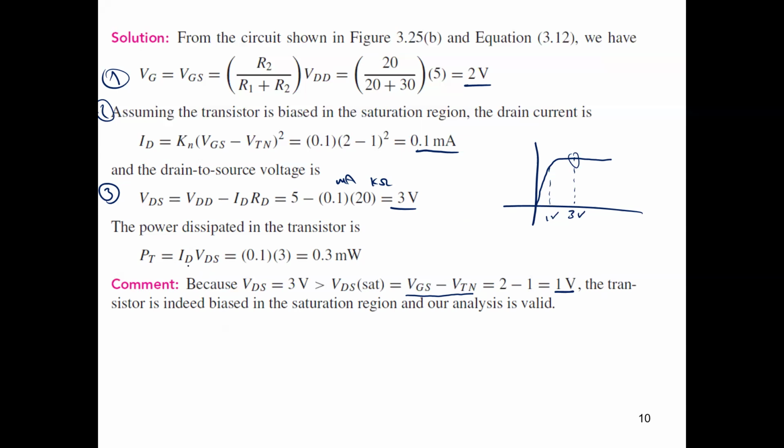Now we have the ID and we have VDS. So ID is 0.1 milliampere, VDS is 3 volts, so this means we have 0.3 milliwatt. So this is the power loss across this MOSFET. Okay, for sure, these are simple calculations, guys.